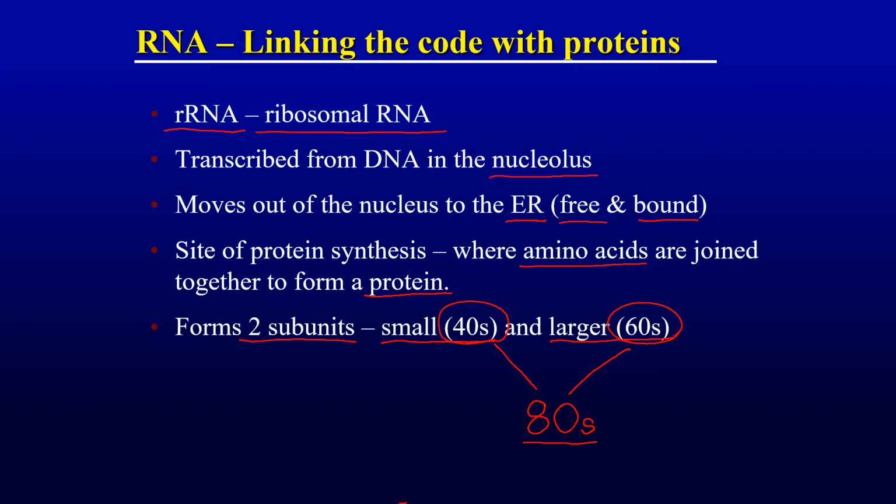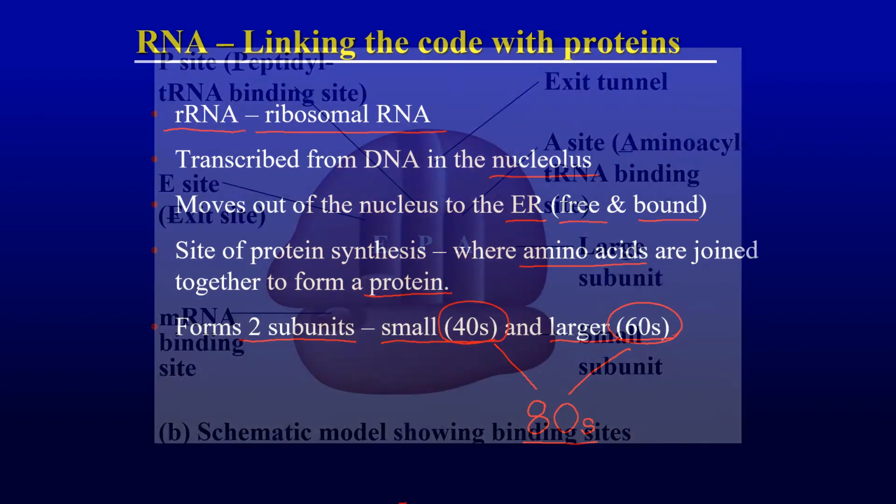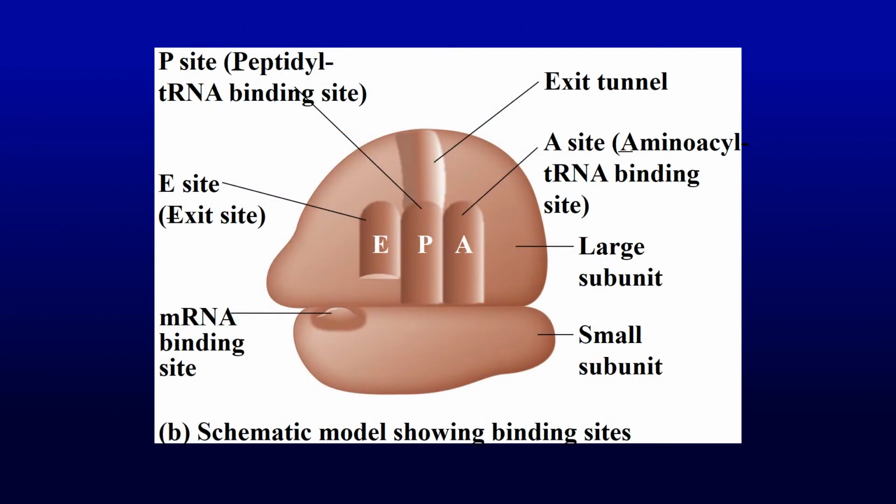So let's have a look then at the structure of a ribosome. So this diagram's from your book, and let's get oriented here. So this would be the small ribosomal subunit. And the important part of the small ribosomal subunit is this messenger RNA binding site. Okay, it's where the messenger RNA binds.